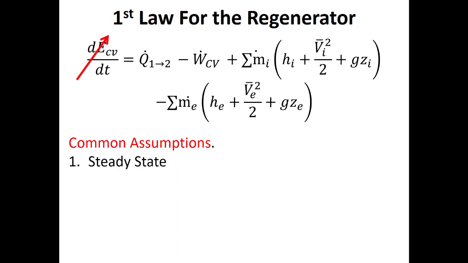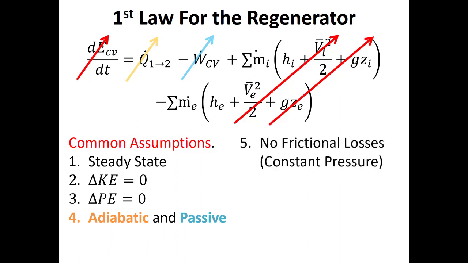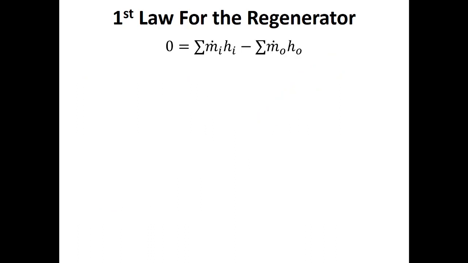So we'll say that it's at steady state, that there's no kinetic energy change and no potential energy change, that it's both adiabatic and passive, so we get rid of Q dot and W dot, no friction losses on either side, and no heat losses on either side, so all the heat that comes out of the hot side goes into the cold side. When we do that, we get the sum of m dot in h in minus the sum of m dot out h out is equal to 0.